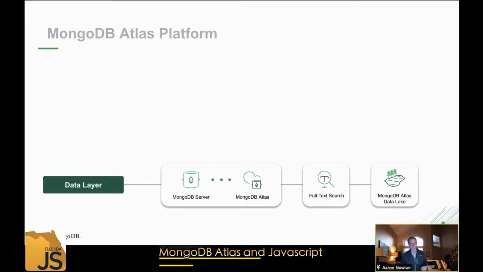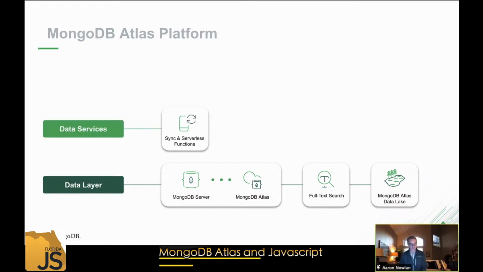But this can also be simple things like an S3 bucket with JSON files in it that we can access as part of that data lake functionality, or even CSV files, for example. So you can really bring your own data in these use cases, and then leverage the power of Atlas to query across all of it at the same time.